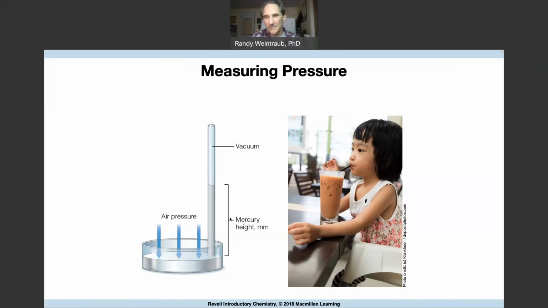Because mercury is over 13 times more dense than water. Atmospheric pressure is enough to push a column of mercury 760 millimeters, or 0.76 meters, into the air. If water was used in a barometer, the column of water would be over 33 feet or 10 meters high.